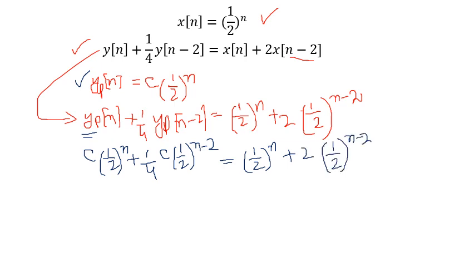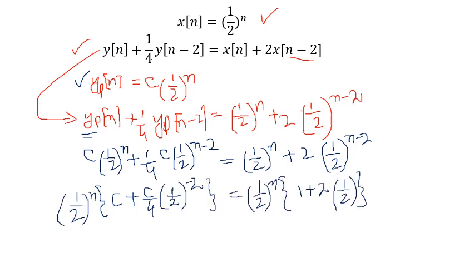So taking common 1 by 2 power n, I am left here with c, because we already have here 1 by 2 power n, so we are left here with just c.